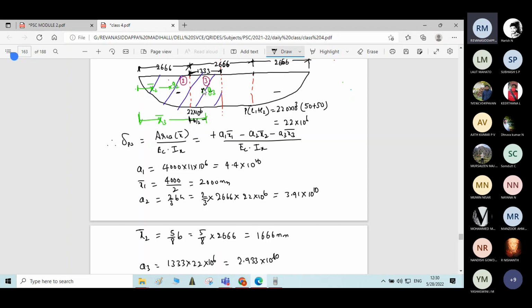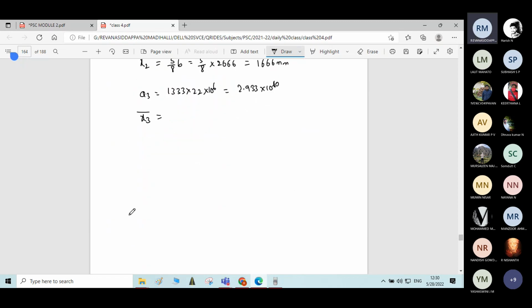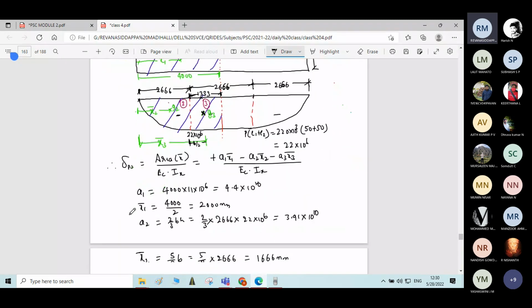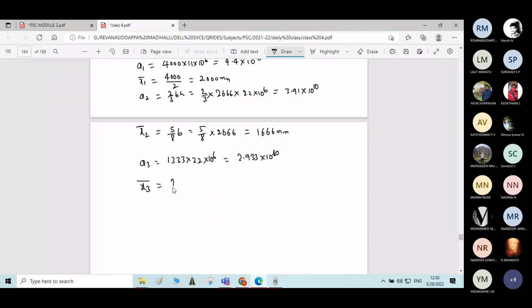I hope you are understanding. You need to calculate this distance from the nearest support, from here to here. You will get the answer as 3332.5 mm.